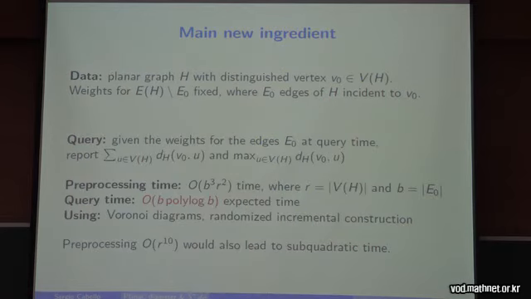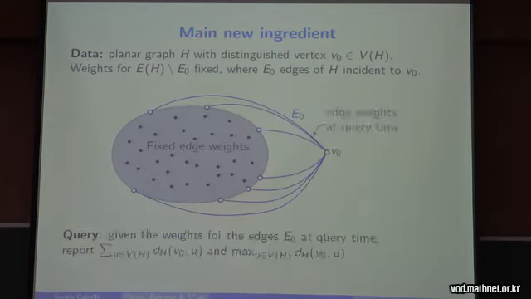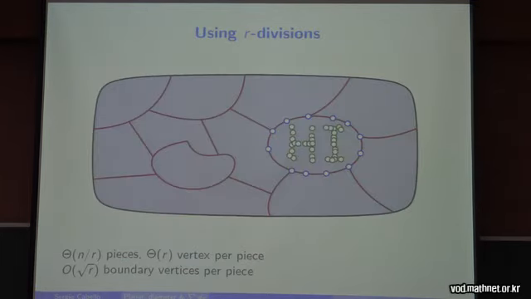So that's what I'm trying to tell here. A pre-processing that would be polynomial, but much more than this, would also be fine. It would also give you some subquadratic running time eventually. So the reason why this works, if I go back here, when I look at this piece, for every vertex that is outside, I'm going to spend time proportional to the size of the boundary, instead of proportional to the size of the interior.